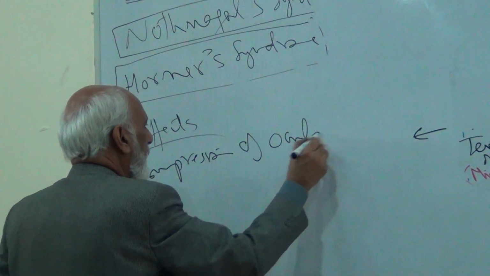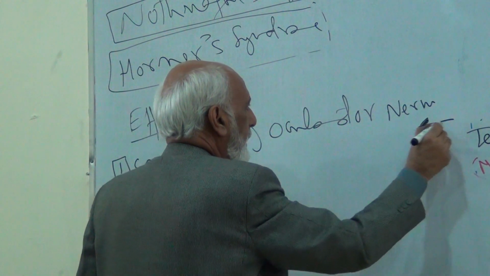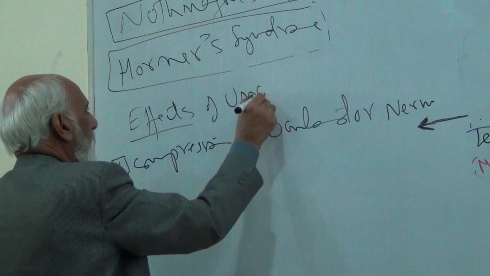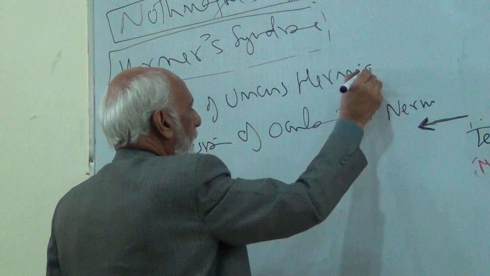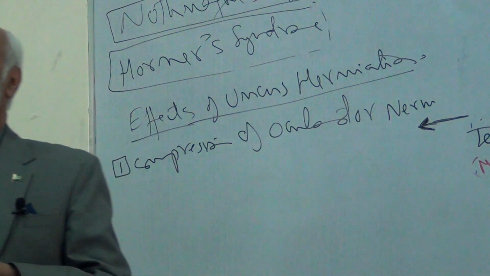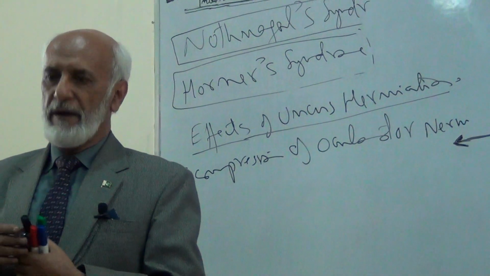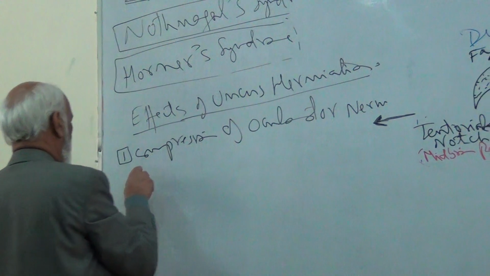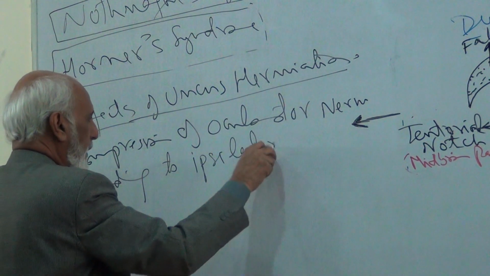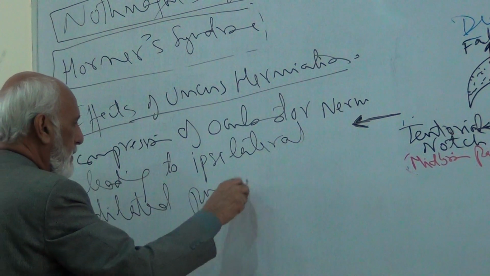The oculomotor nerve will be compressed, leading to an ipsilateral dilated pupil.